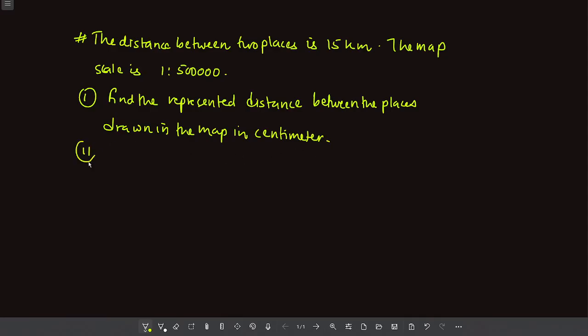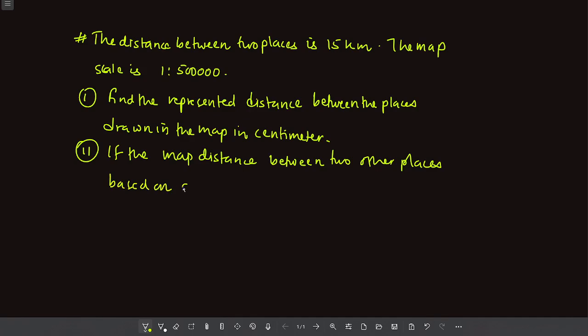And the next question is, if the map distance between two other places based on the same drawing is 7.2 centimeter, what is the actual distance?